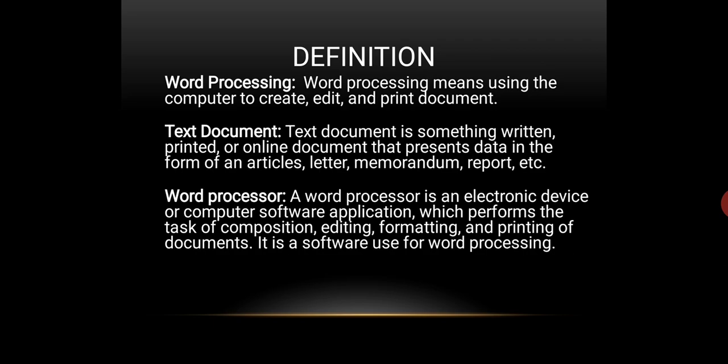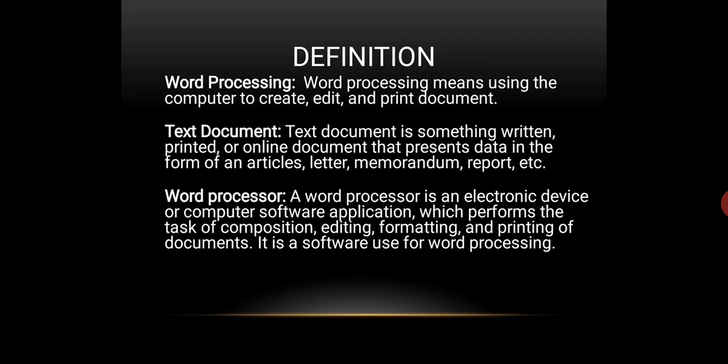Now, a text document is something written, printed, or online that presents data in the form of articles, letters, memoranda, reports, etc. Even the newsletter the school gives you is an example of a text document because it's presented in printed form.